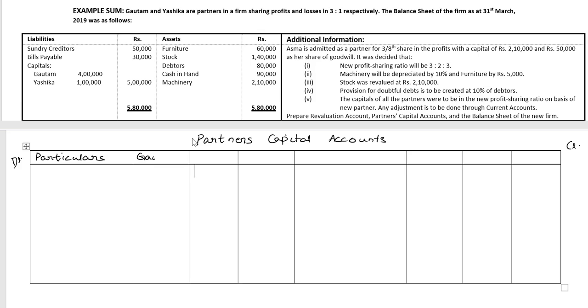Gautam, Yashika, Asma. Particulars. Gautam, Yashika, Asma.